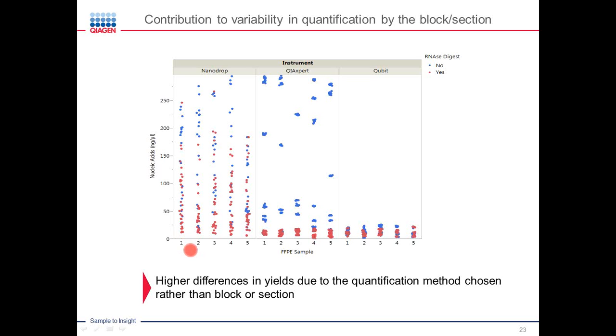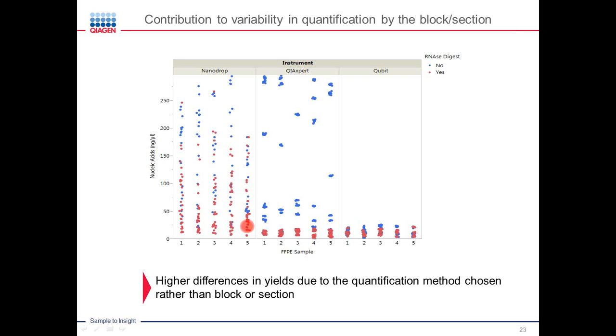And again, we see that the contribution to the differences in yields from the quantitation method is higher compared to the contribution coming from the sections themselves. And the NanoDrop still shows the highest level of variability even after RNA digest, which is to us a little questionable and definitely something to consider.